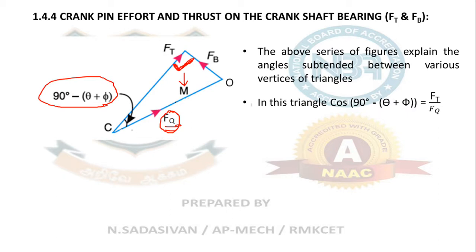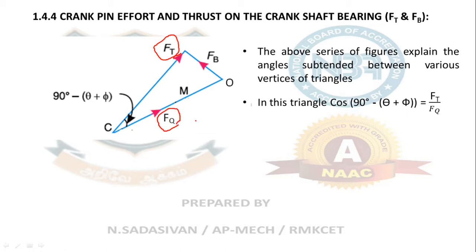Now write cos phi equal to Ft by Fq, adjacent by hypotenuse, correct? Ft by Fq, cos of what? Cos of 90 minus theta plus phi, because 90 minus theta plus phi is the included angle. Cos of this angle equals adjacent side by hypotenuse.